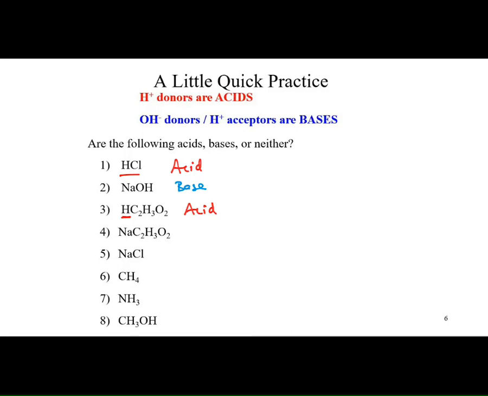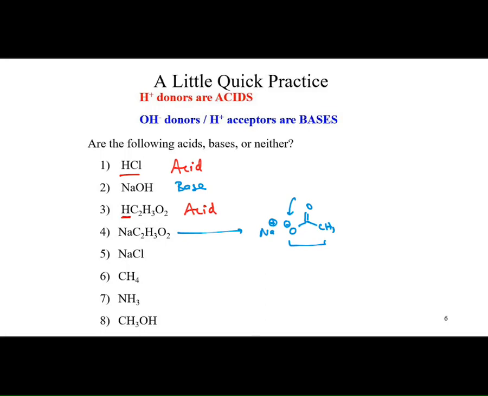We move to the next one, though. I don't see hydroxide. So what is it? Could it accept a hydrogen? Well, if we break this down into a formula a little bit better, we have sodium ion next to our acetate with a negative charge.